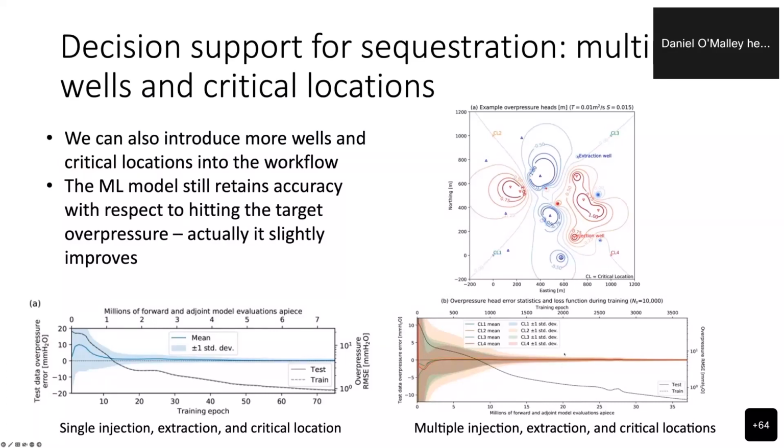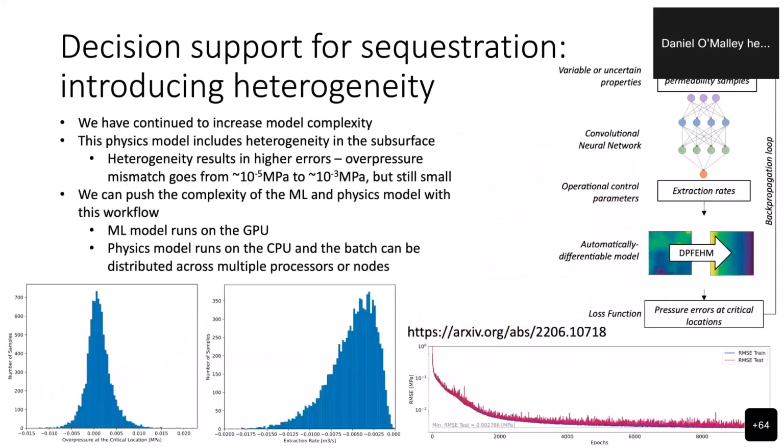My hypothesis for why that is, is that the machine learning model has more degrees of freedom that it can play with to manage the pressures in the subsurface, and it seems to do a better job. That was all for a very simple, analytical model. As you saw earlier in the talk, we have complex numerical models that we can insert in these workflows.